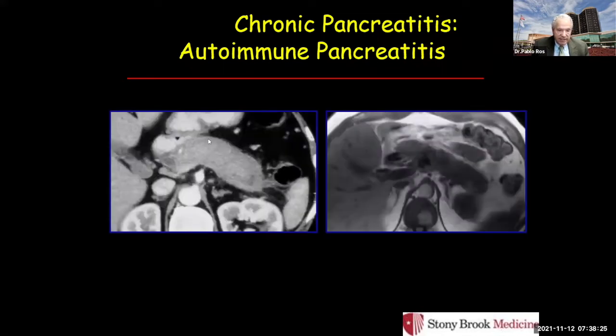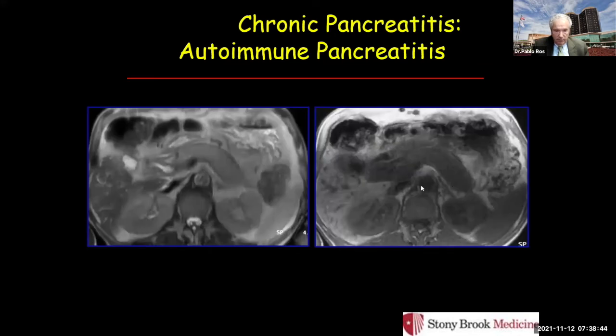So this is the halo or surrounding nicely seen in both CT and MR, and the shortening of the pancreas becoming like a sausage, maybe a little bit of peripancreatic inflammation, but this is the sausage with the hemangioma here in T1 in the liver.